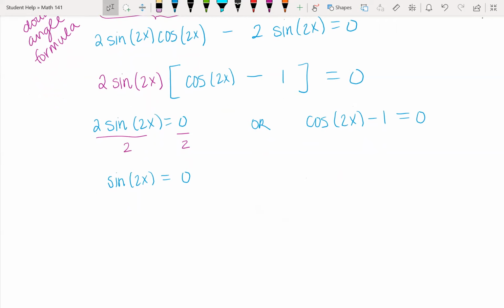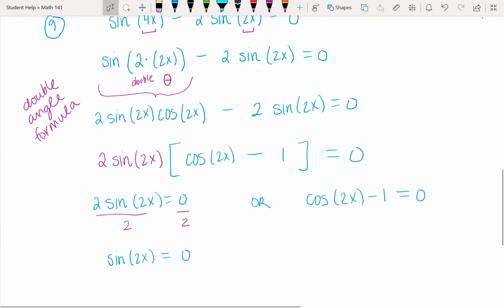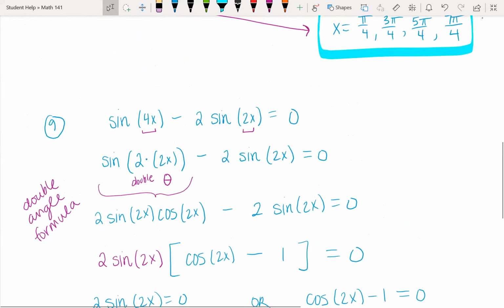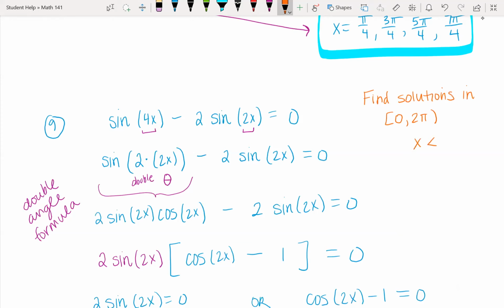Hang on, we need to pause for a second. We need to think about, let me go back up for a second. So we're finding solutions in 0 to 2 pi. That means that x is in between 0 and 2 pi.